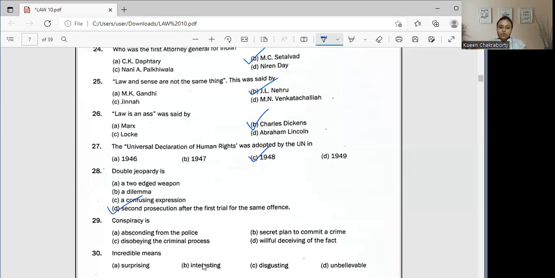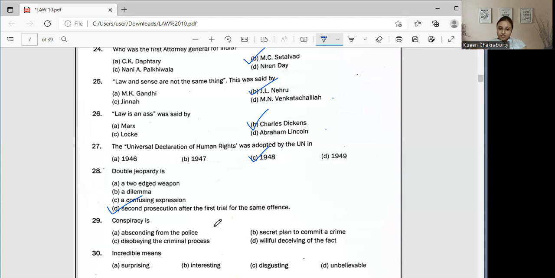Now we'll move on to question number 29. Conspiracy is option A, absconding from the police, option B, secret plan to commit a crime, option C, disobeying the criminal process, or option D, willfully deceiving of the fact.